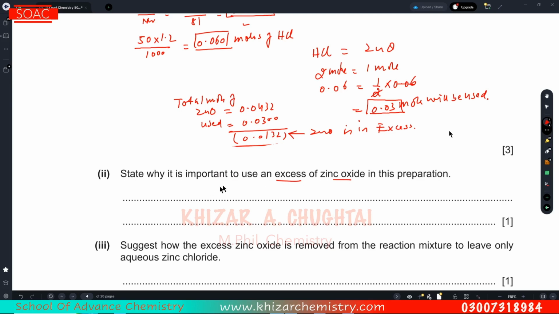Excess zinc oxide, I mean, it is used to ensure the completion of reaction, or to use all the acid present in the mixture.